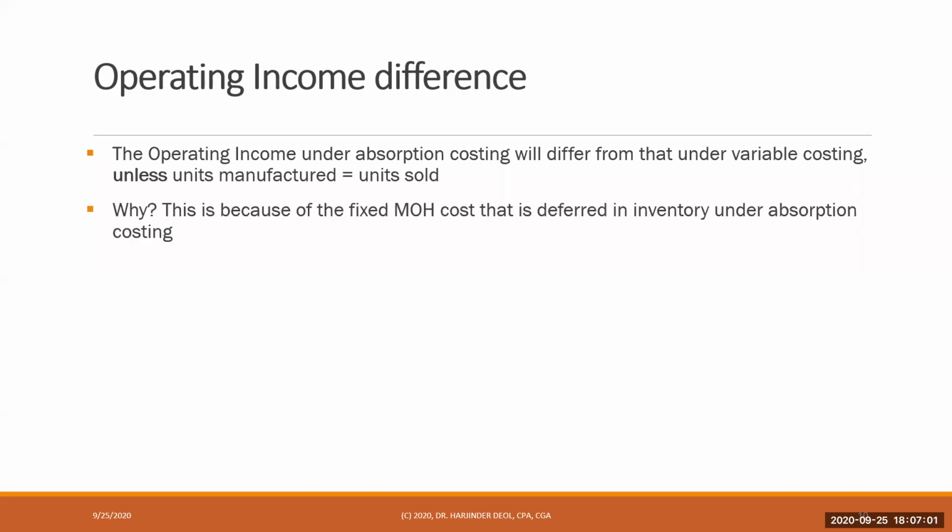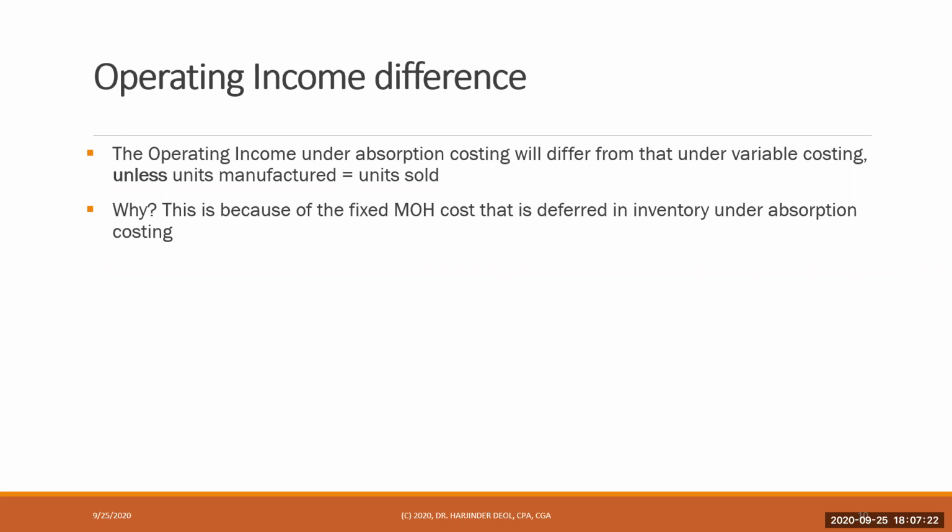So why? If the number of units manufactured equals the number of units sold, then there will be no difference under the two methods on account of fixed manufacturing overhead costs that get deferred in ending inventory under absorption costing.